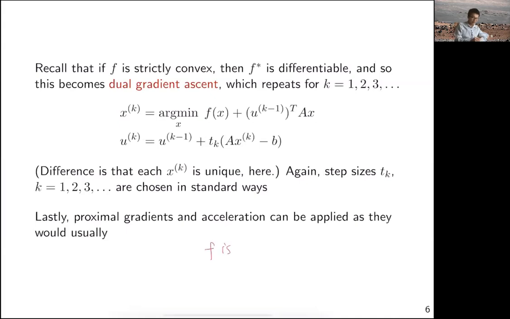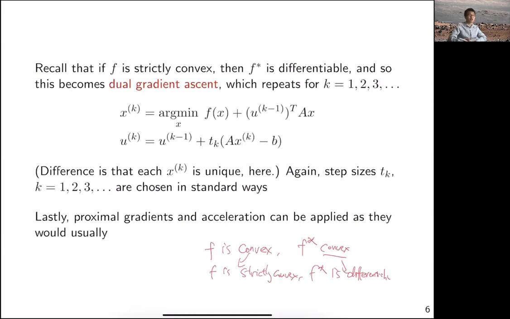Suppose f is just convex, then we don't know much about f star. It's also just convex. Suppose f is strictly convex, then f star is differentiable, and of course the convexity still holds.